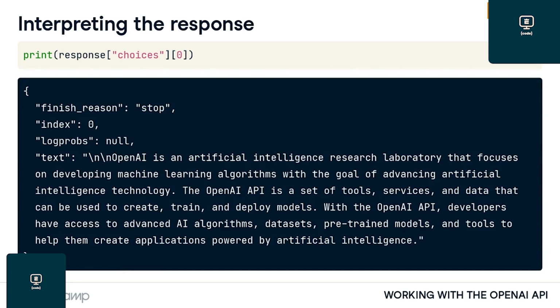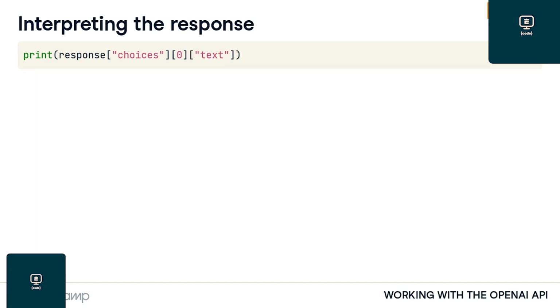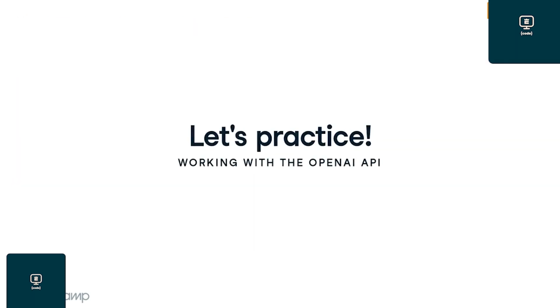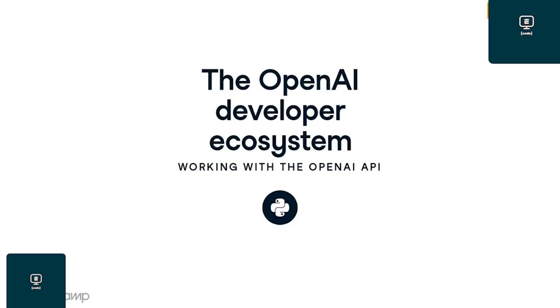Okay, now we're left with a standard dictionary, and our text response is located under the text key. Let's use dictionary subsetting once more. There we have it, our text response as a string. We started off with a complex object, but by applying our Python programming fundamentals, we were able to get there one step at a time. Time to practice making your own request.